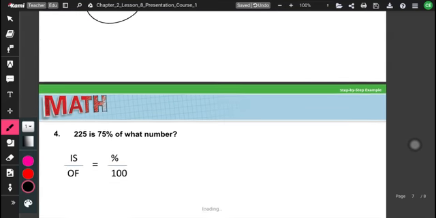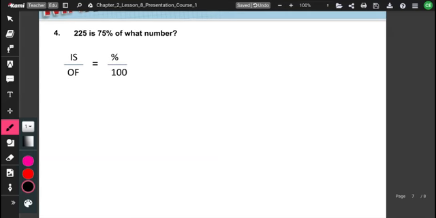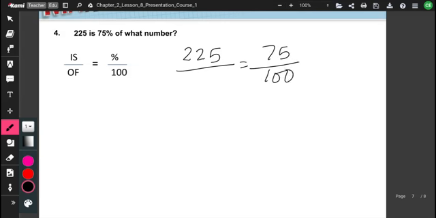Same thing again. We have example 4. This time we are going to plug everything in and then multiply or divide, simplify, whatever. We have 225 is 75% over 100 of what number? Again, we don't know what this number is.